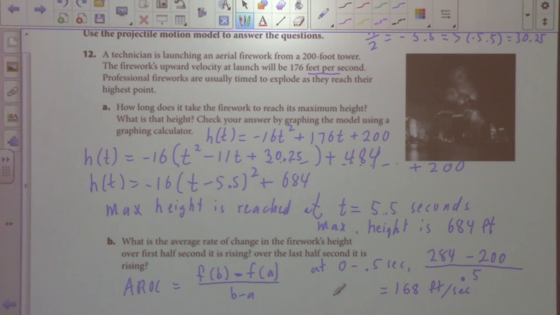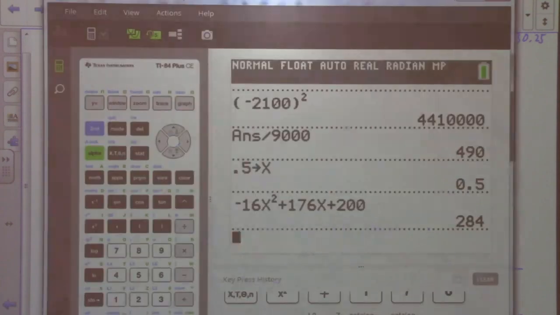And next, we're going to look between 5 seconds and 5.5 seconds, before reaching the maximum after rising. Now we know our maximum height is going to be 684 feet, right? So we're going to find out what this is. And for this one I'm going to use the other equation. So I'm going to store 5 in x.